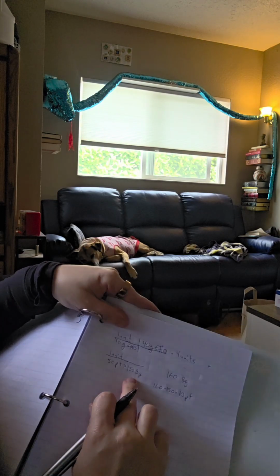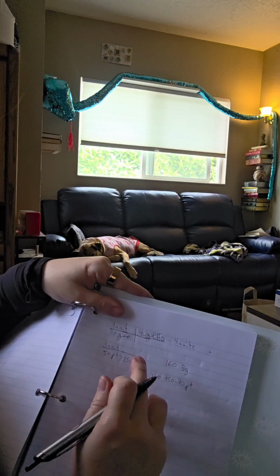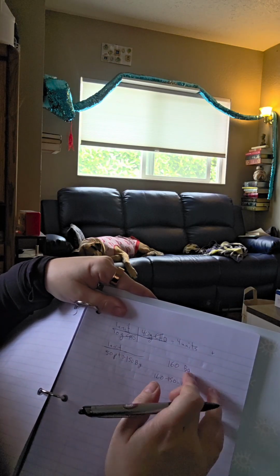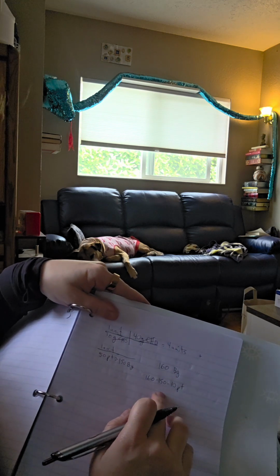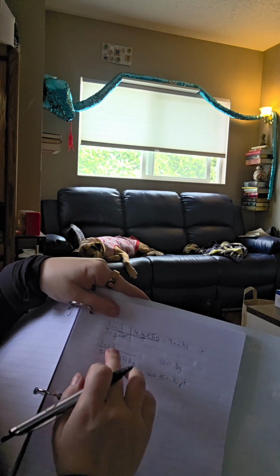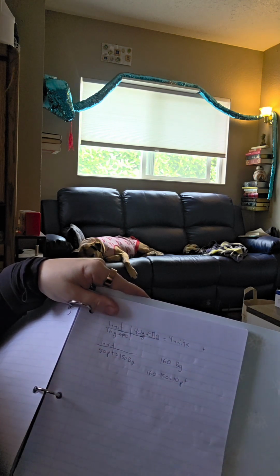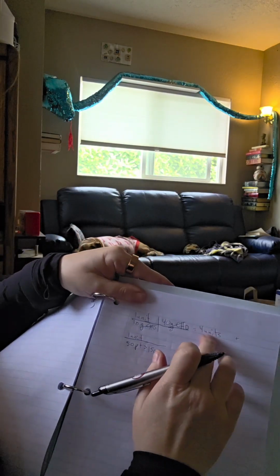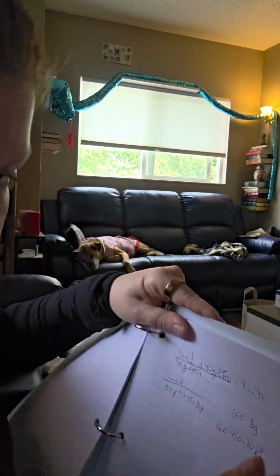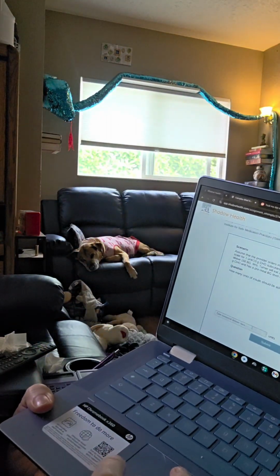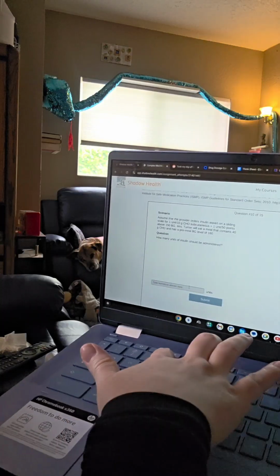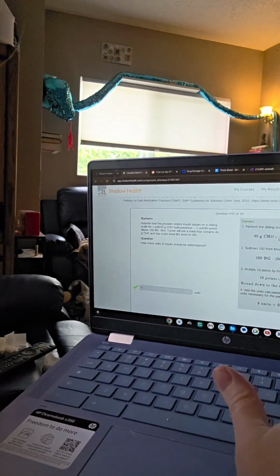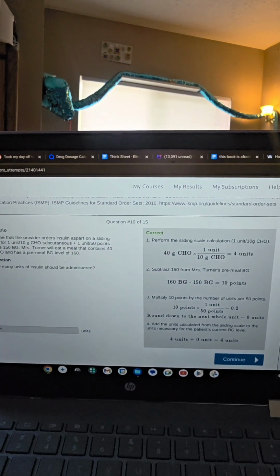So her blood glucose is only 10 points above the 150, so she wouldn't get any additional units, which means she should only get those 4 units. So let's see if that is correct. 4? And that is correct, yes.